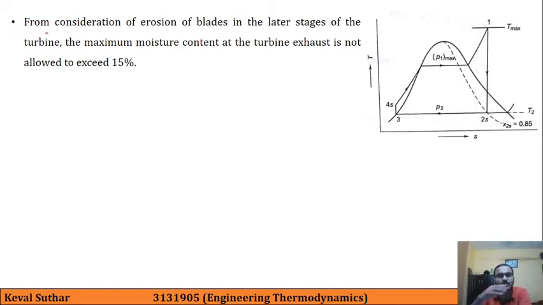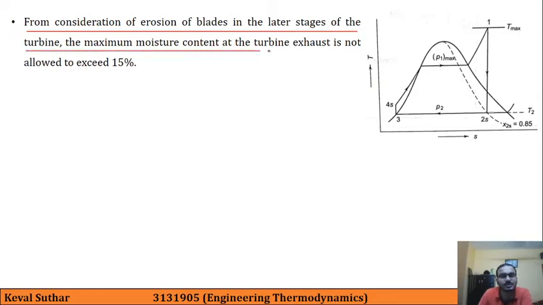There is a limit up to which we can tolerate the moisture content at the exhaust, from the consideration of erosion of blades in later stages of the turbine. The moisture content at turbine exhaust is not allowed to exceed 15%, that is, the minimum x that we can tolerate is 0.85.